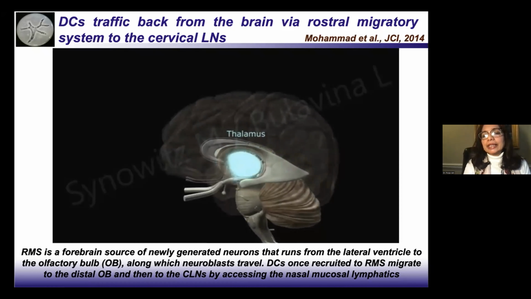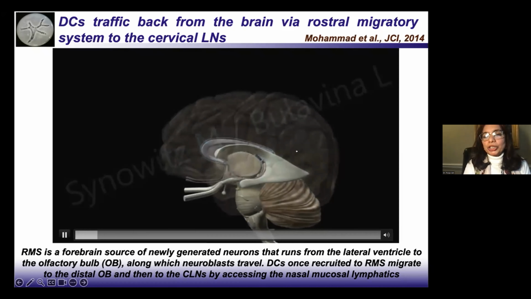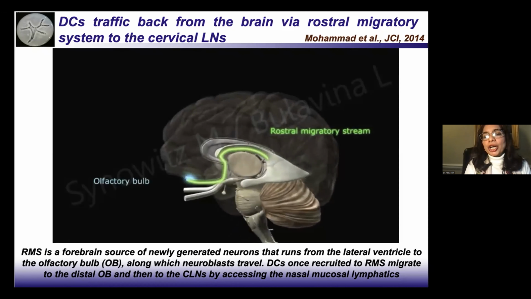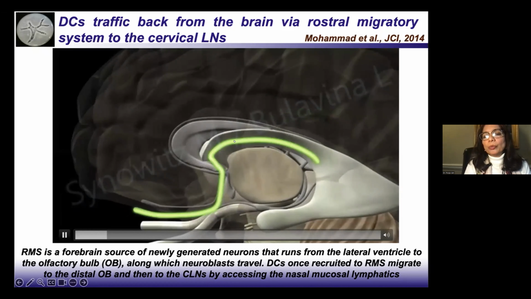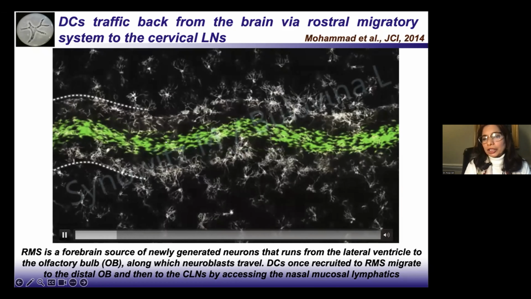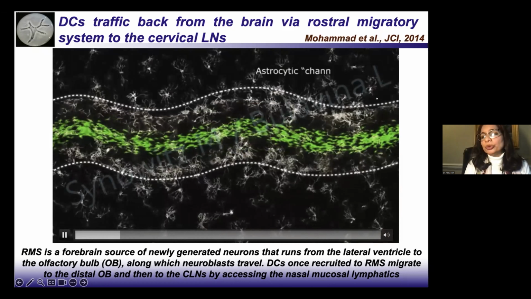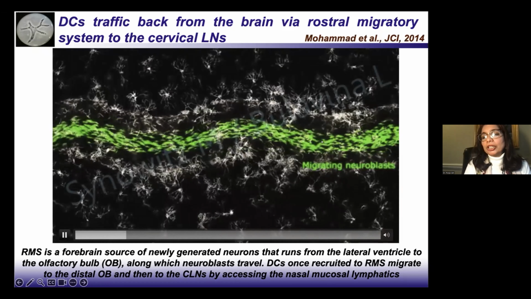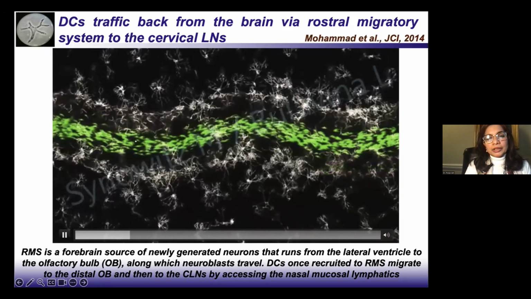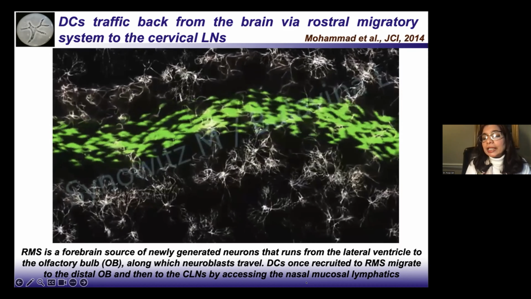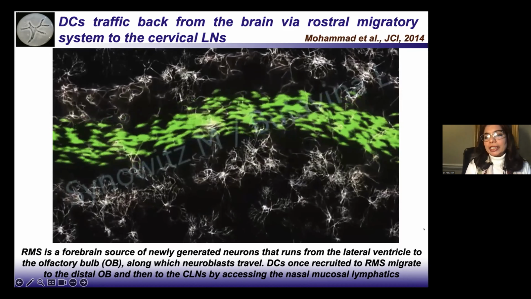They gain access to the rostral migratory system from the basal ganglia, and then they travel through the newly generated neuroblasts. The neuroblasts, which are constantly produced, come back into the peripheral circulation. So any immune cell, T cell, dendritic cell, neutrophil that enters, migrates through these neuroblasts, and they find a home in the cervical lymph node through nasal mucosal lymphatics.